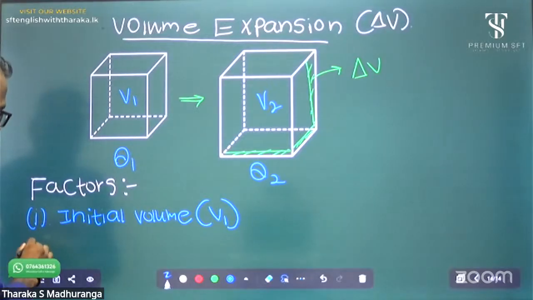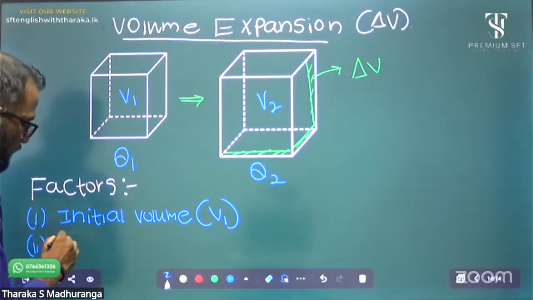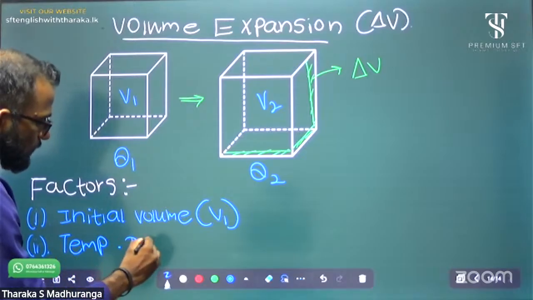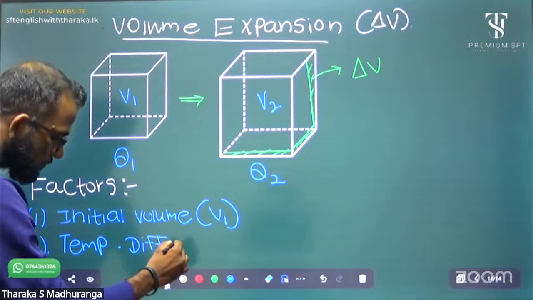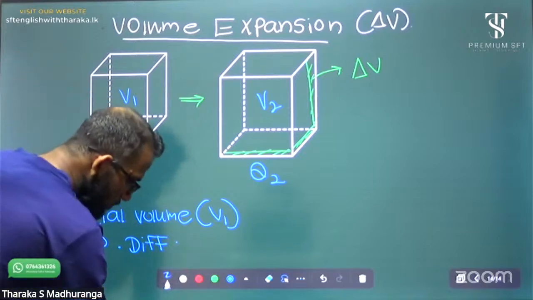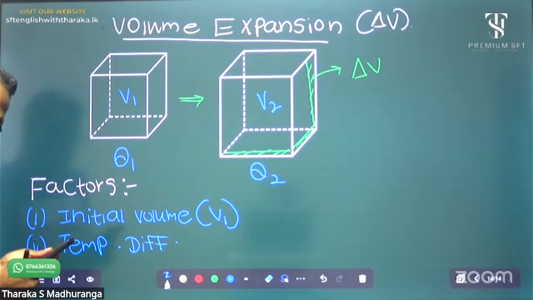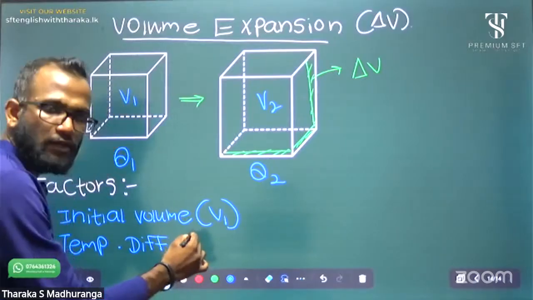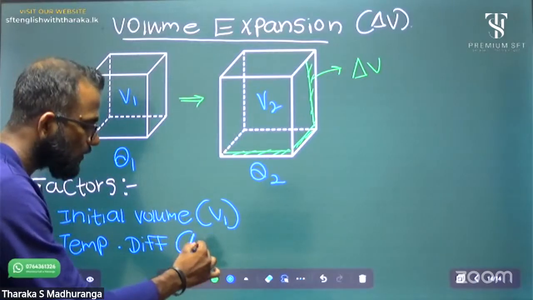The second one is temperature difference, which means delta theta.